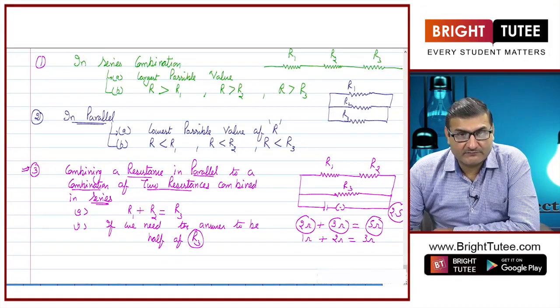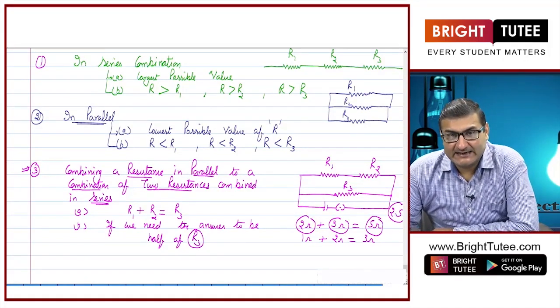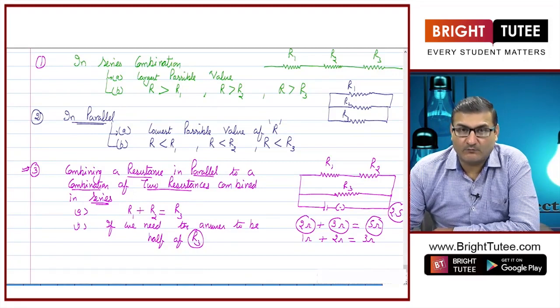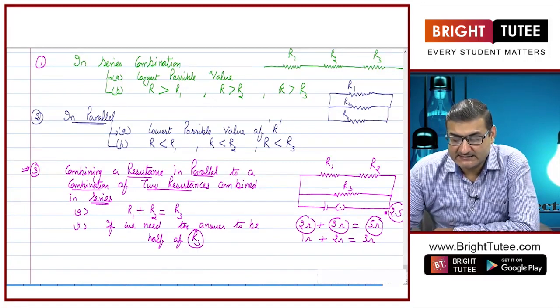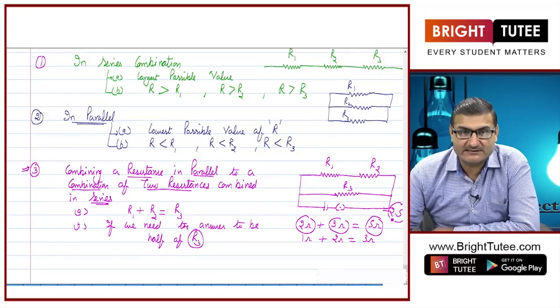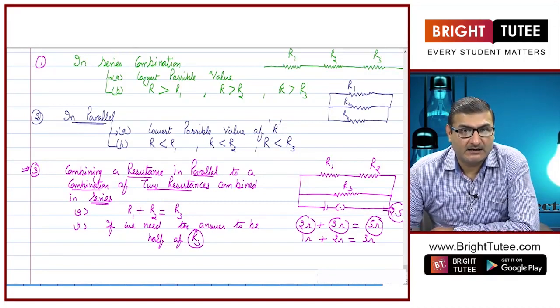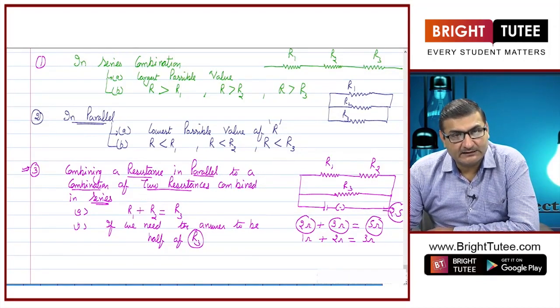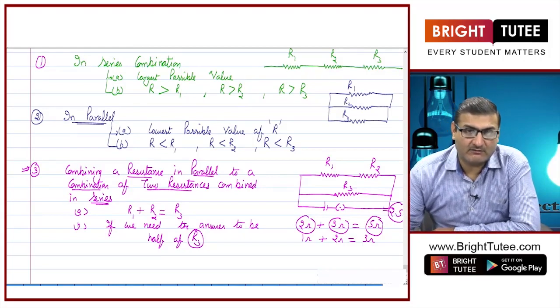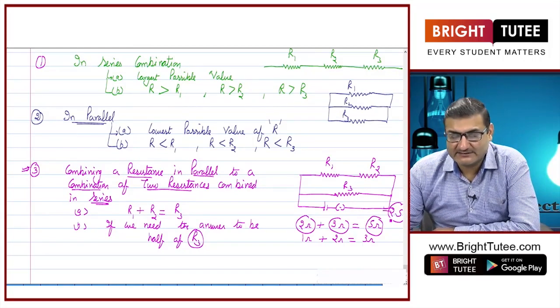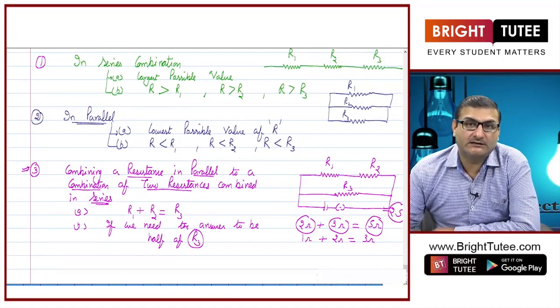Now, first of all, if I connect it in series, I can't. Why? Because in series I know that the total R should be more than any other individual resistance, which it is not. Second thing, I cannot connect it in parallel. Why? Because the same thing, the total R should be less than all the individual resistances, which it is not. So, I will be going for the third option.